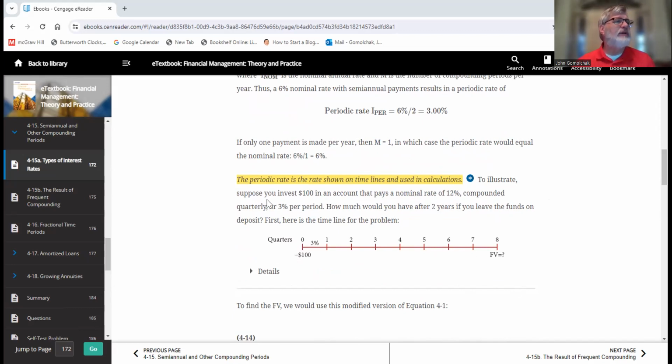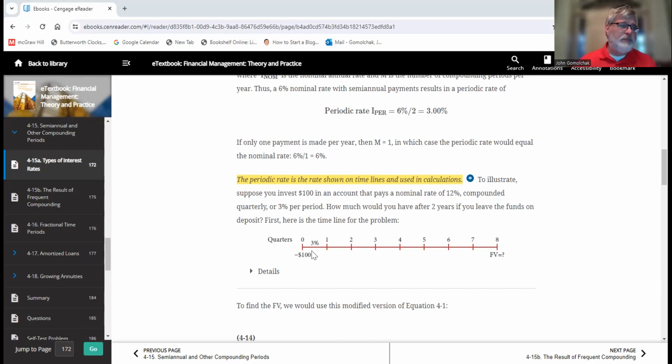So to illustrate, suppose you invest $100 in an account that pays a nominal rate of 12% compounded quarterly, or 3% per period. How much would you have after 2 years if you leave the funds on deposit? Okay, so here you go. Since you have 4 periods in the year, and we're listing it at 12% per year, you have to divide the 12% by the 4 periods. We'll come up with 3%.